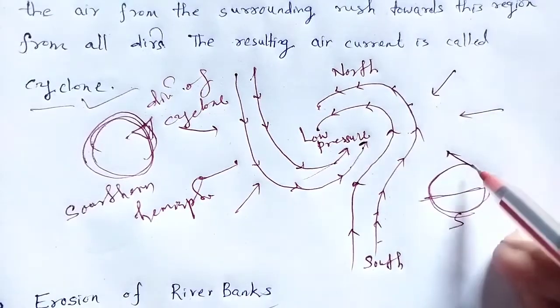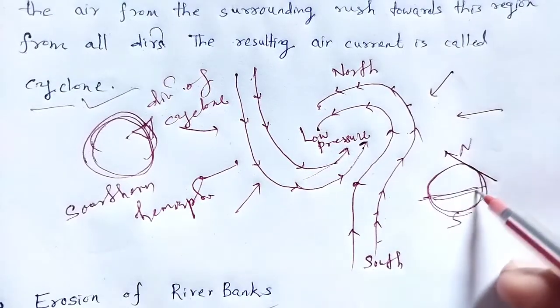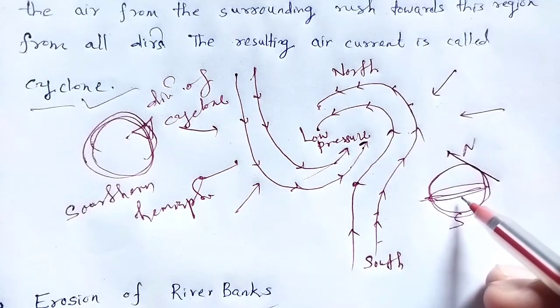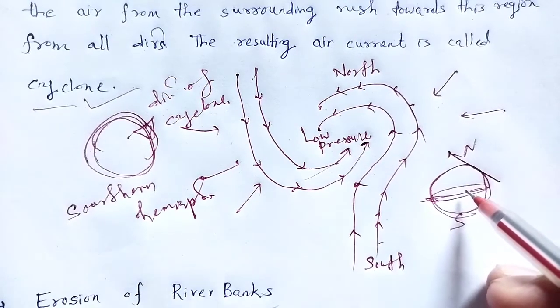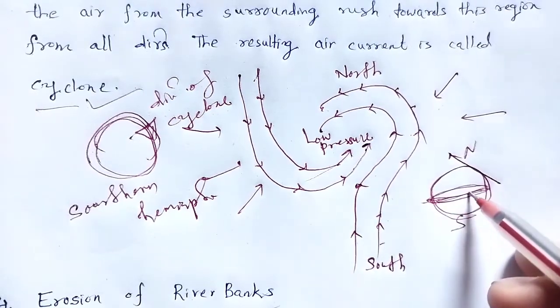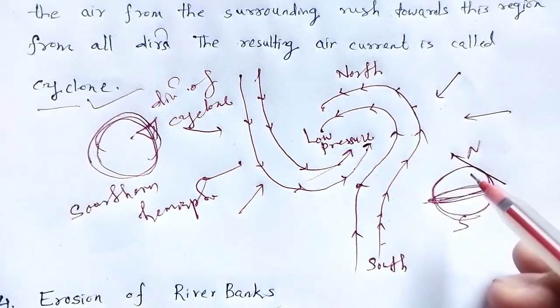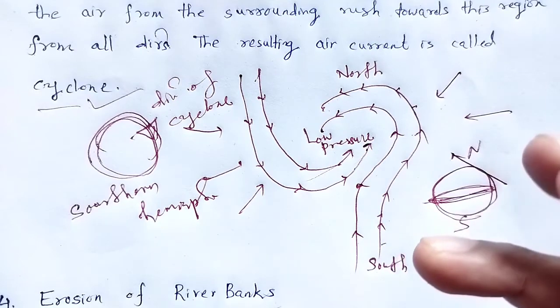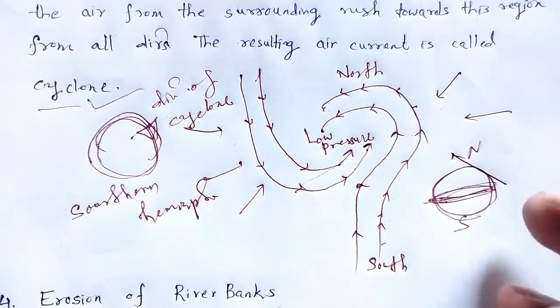This is the southern hemisphere, let this be the northern hemisphere. There will be no Coriolis force at the equator. That is why there will be no such criteria to form cyclones at the equator.